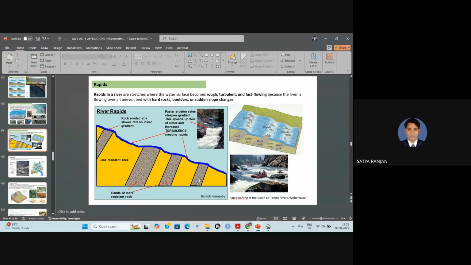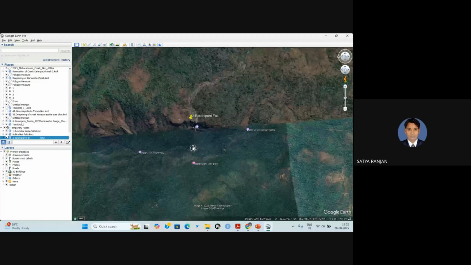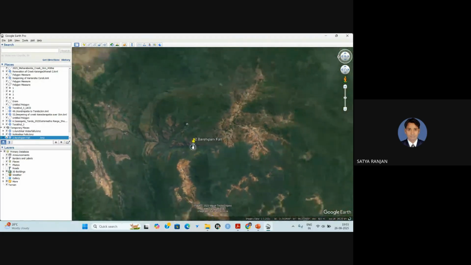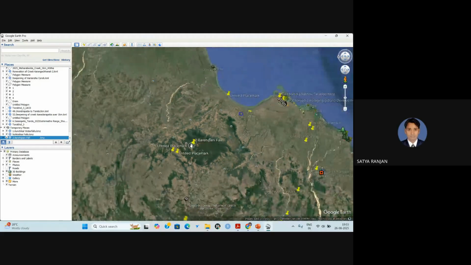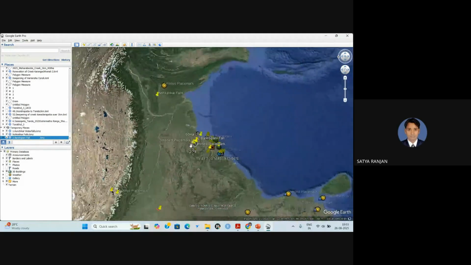But in a satellite image, if there is a high resolution image, maybe it can locate these areas. If it is a wide and large area, then we can find it. So let's see if it is found in our Ganga river or not.